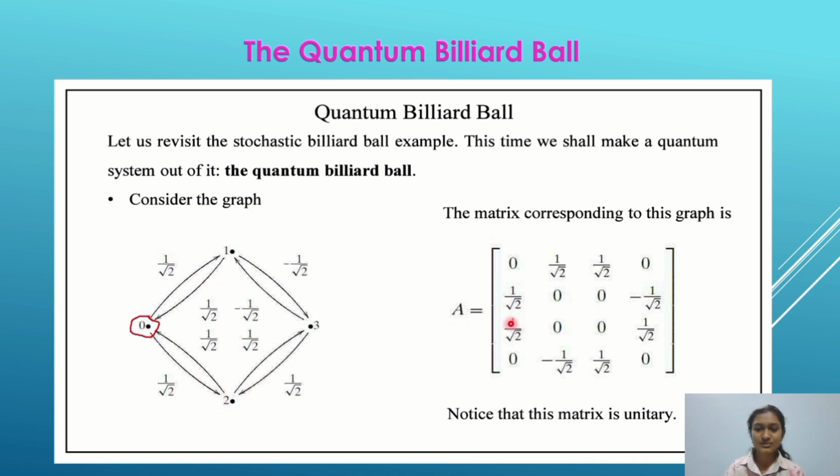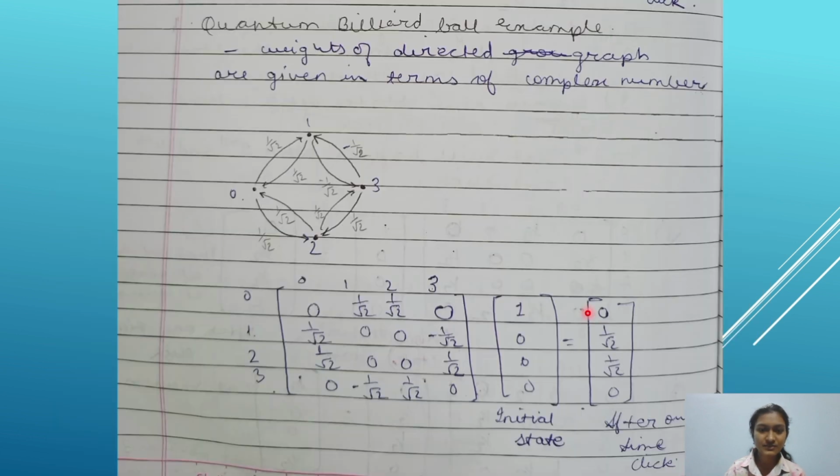So we get the corresponding adjacency matrix like this, and this matrix is unitary. Here we have our adjacency matrix, and as the initial state the ball is at vertex 0, so this is the initial state, and simply multiplying we get the 1 time click result.